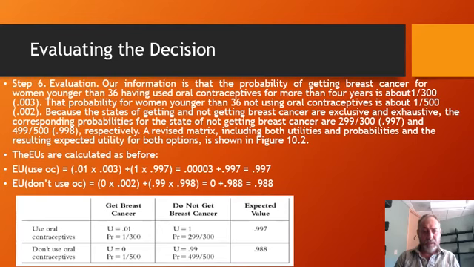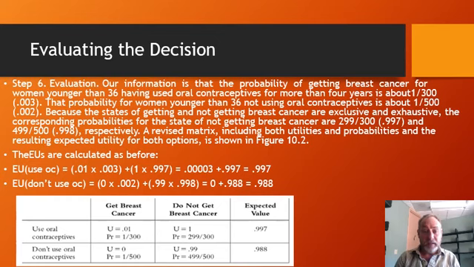So now we just calculate the expected utility. The expected utility if you use oral contraceptives is both possible outcomes added together. So the utility of the first outcome, which is getting breast cancer, is 0.01 times 0.003, and you add that to the utility of not getting breast cancer, 1 times 0.997.